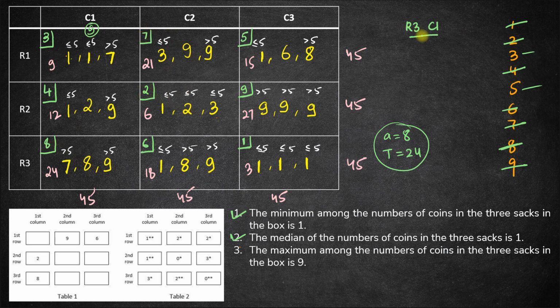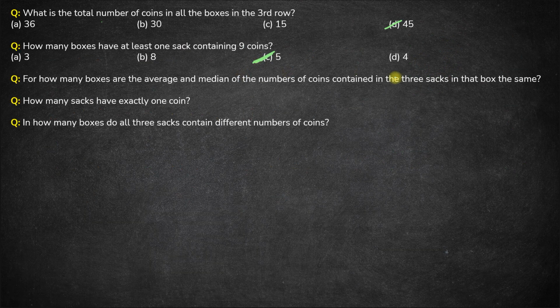Here we have same, R2 C2. So this is another box. 6, 8 different. 1, 1 same. So R3 C3 is the third box. Then 9, 9, that means R2 C3 another box. 5, 6 different. So how many boxes have the same median and the same average? 4 boxes. So the answer here is 4.